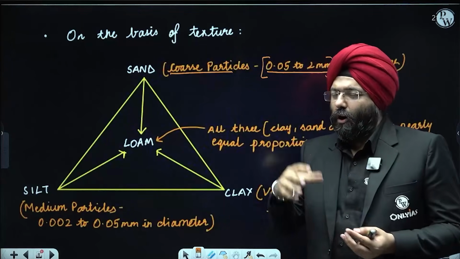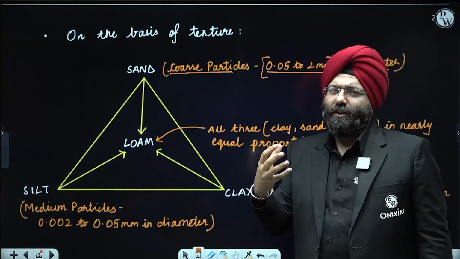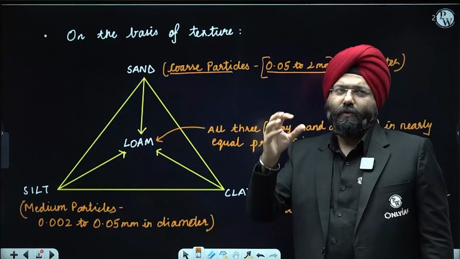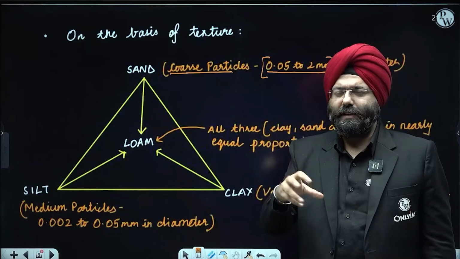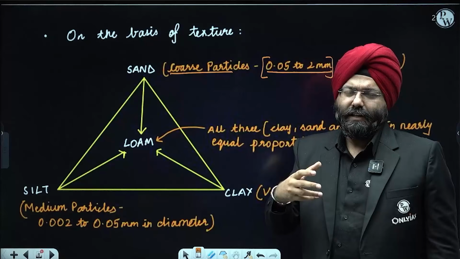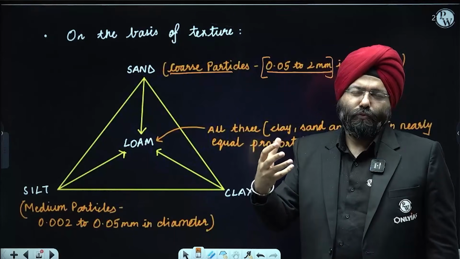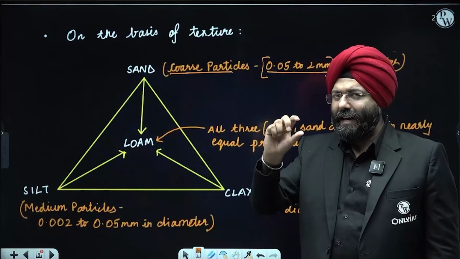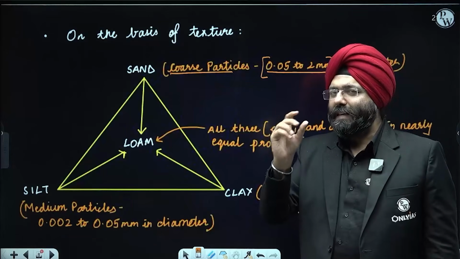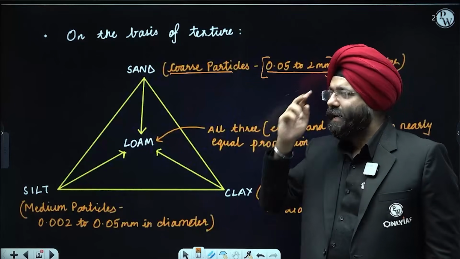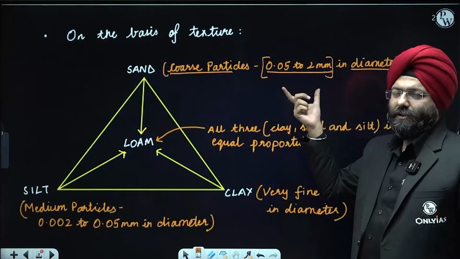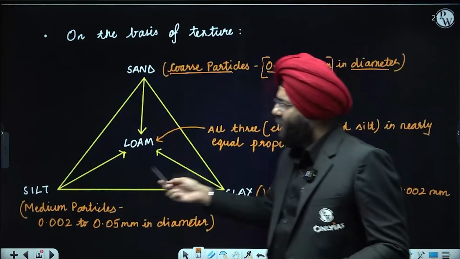Now, obviously, when you come across various soils, there is a mixture of the sand content, the silt content, and the clay content. But if we say something is sandy, that means the predominant contribution is from the sand, and the overall texture means the overall composition of the particles ranges between these diameters on average. Then you have the silt.